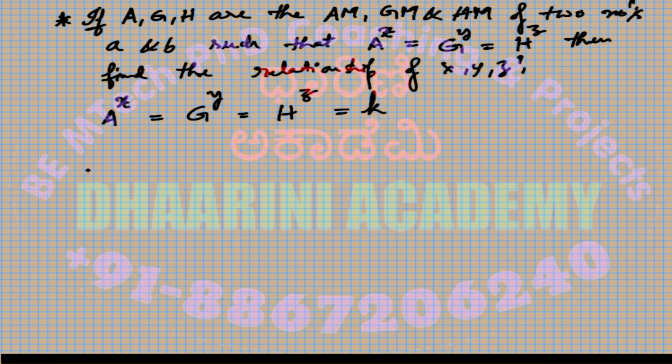Now I can write this: this implies that A is equal to k to the power 1 by x. And also I can find that G is equal to k raised to the power 1 by y, and I can also write H is equal to k to the power 1 by z.